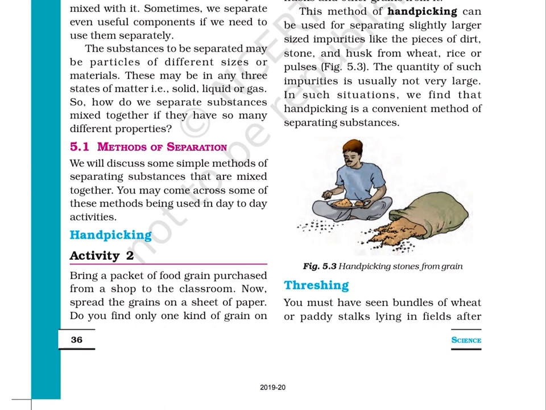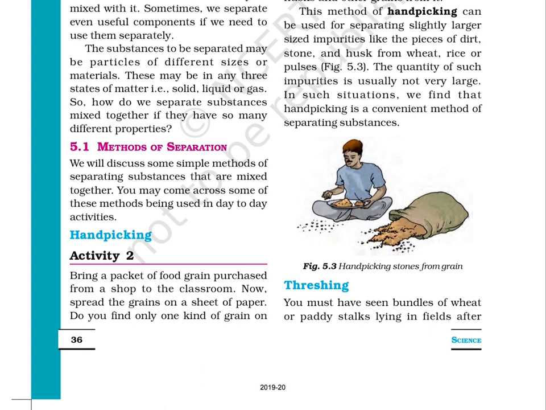So, how do we separate substances mixed together if they have so many different properties? 5.1. Methods of separation. We will discuss some simple methods of separating substances that are mixed together. You may come across some of these methods being used in day-to-day activities.